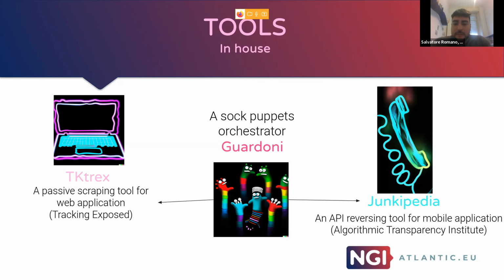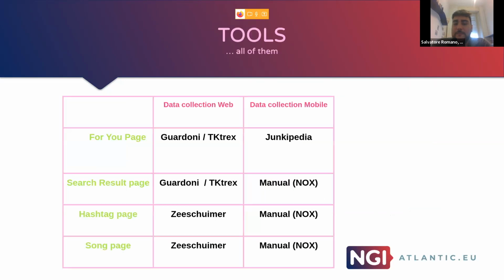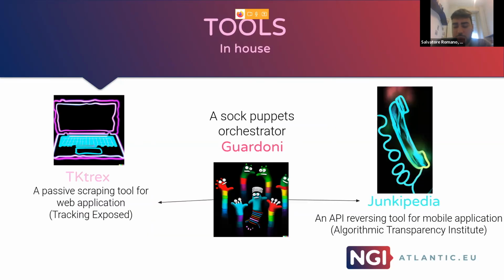We used Sock Puppet Orchestrator, a software able to orchestrate research accounts across both mobile and web. And what we did is basically build a methodology to compare the two applications.